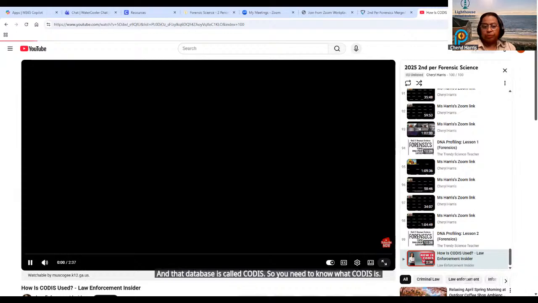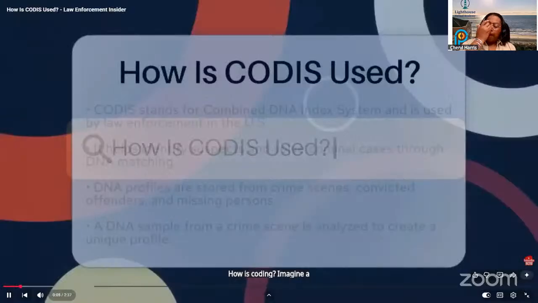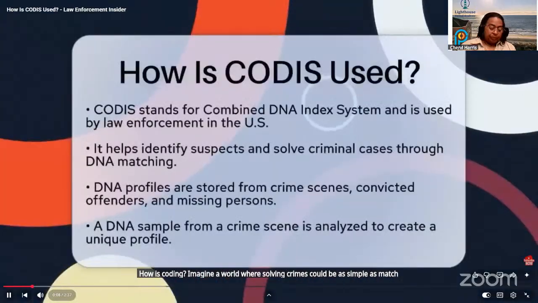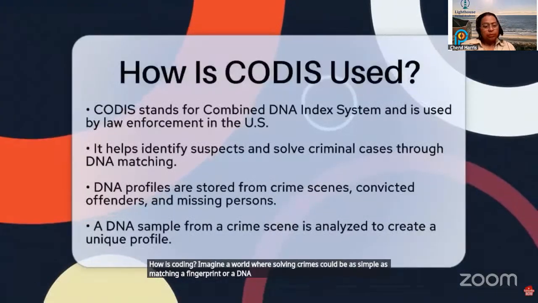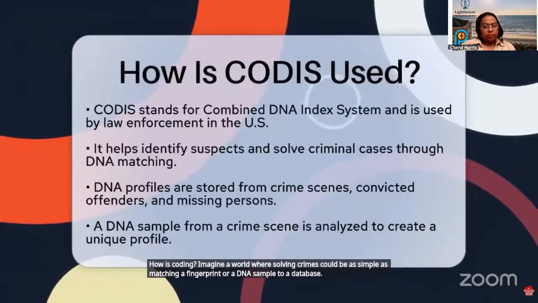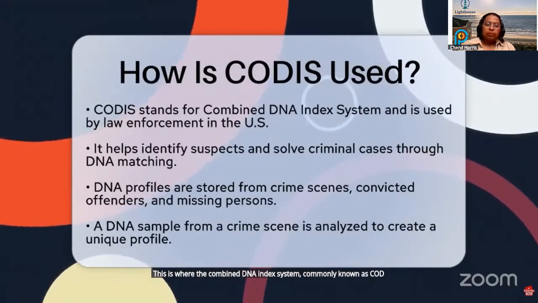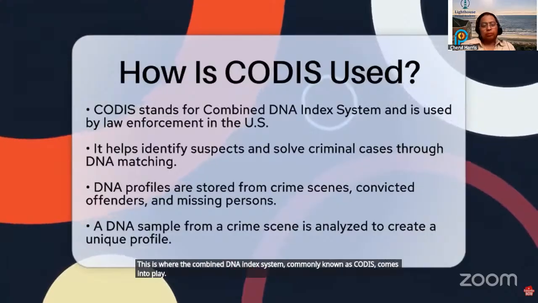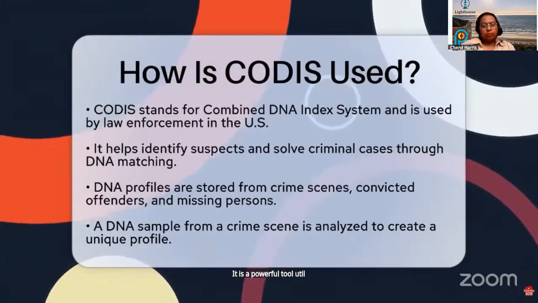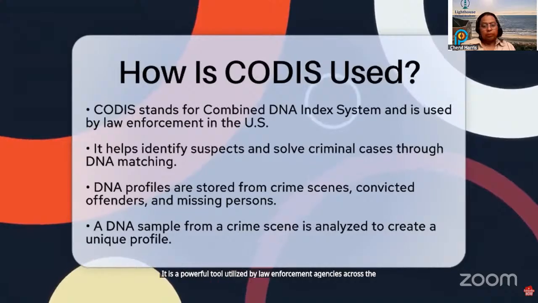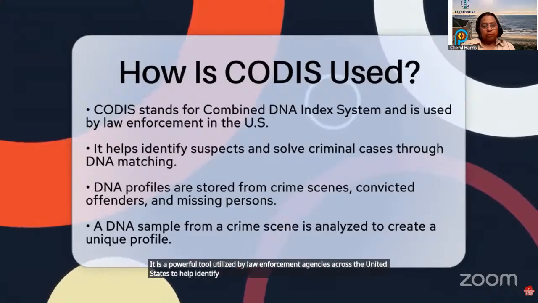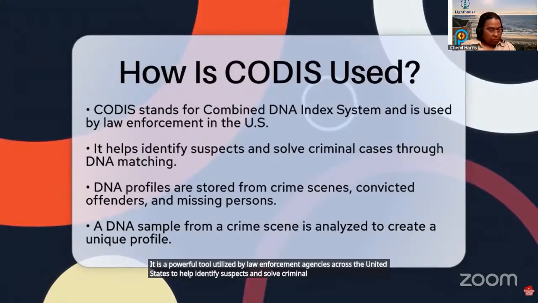used? Imagine a world where solving crimes could be as simple as matching a fingerprint or a DNA sample to a database. This is where the Combined DNA Index System, commonly known as CODIS, comes into play. It is a powerful tool utilized by law enforcement agencies across the United States to help identify suspects and solve criminal cases.